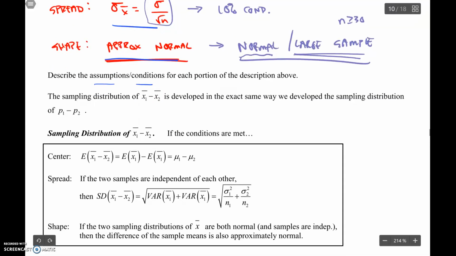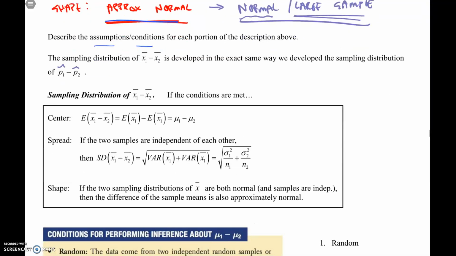The sampling distribution of the difference of sample means is developed in exactly the same way we developed the sampling distribution of the difference in sample proportions. I'm going to spend a little less time on this, just kind of go through it. So the mean, or the expected value of the difference in my sample means, is the difference in each of the means separately.